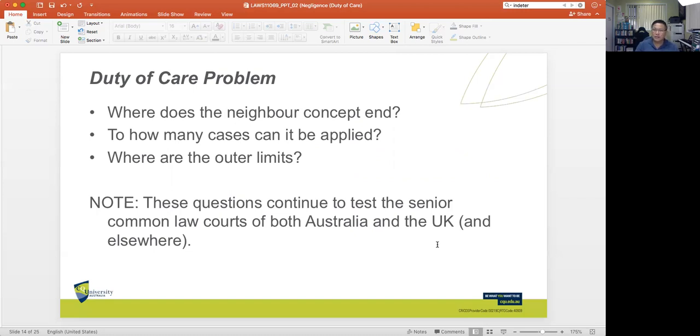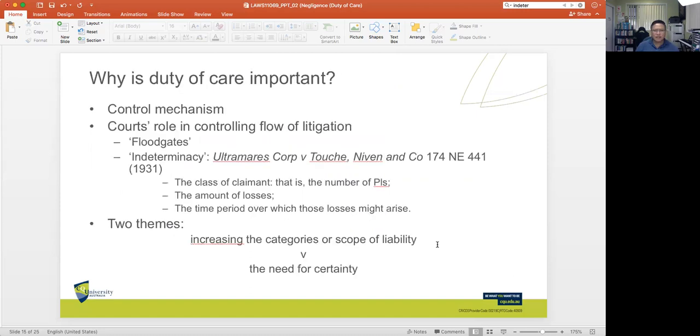And of course, it just can't be that. So in other words, if you will have a duty of care in relation to your neighbors, can it be considered that everyone is your neighbor? And where does the neighbor concept end? And so these questions continue to test the senior common law courts of both Australia and the UK and elsewhere.